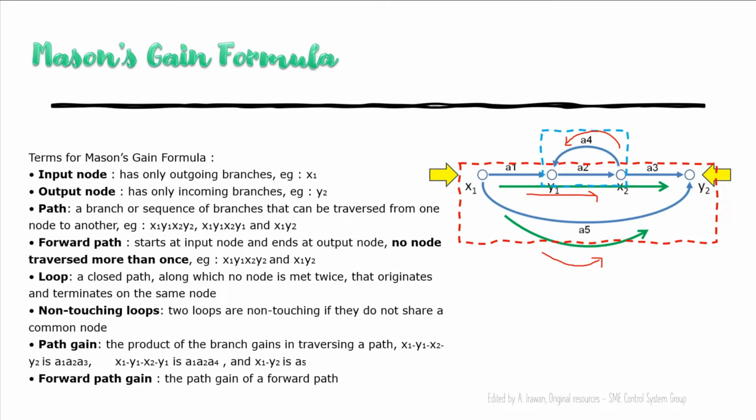Which one is the forward path gain? a1, a2, and a3 is a forward path gain. And then the loop gain. Which one is a loop gain? a1, a2, a3, and a5 is a loop gain, or a2, a4 is a loop gain.